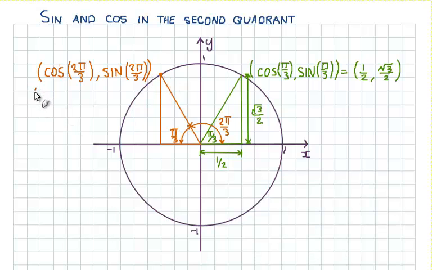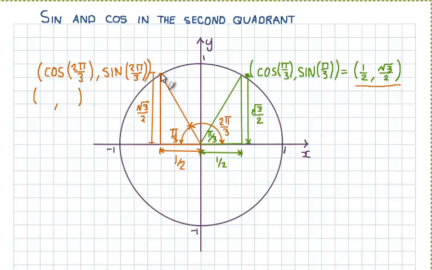If we want to write exact values for this coordinate here, just like we did over here, we can look at the lengths of these sides. So the length of this bottom side here is 1 on 2, just as with the other side. The length of this vertical side is root 3 on 2, just as with the other triangle.